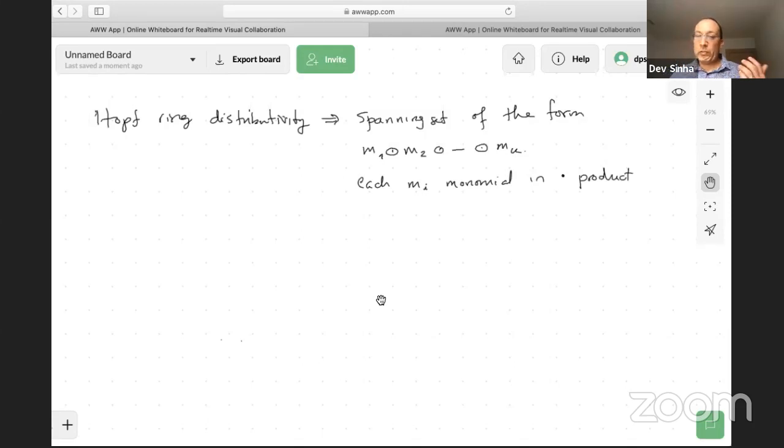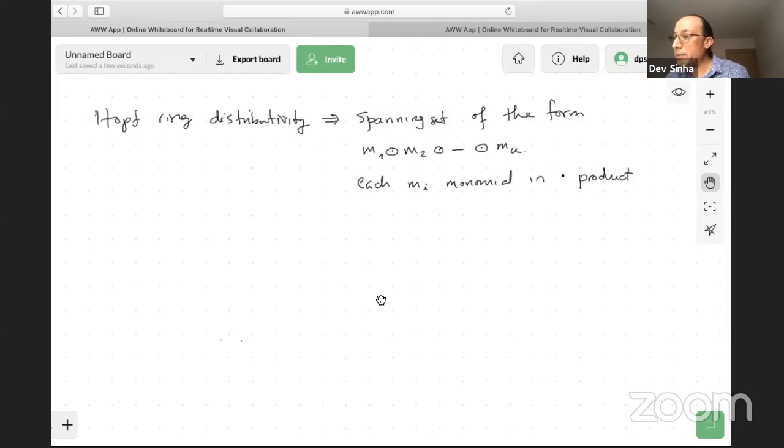Okay, and this is essentially the same as reducing in a regular ring. Every element is a sum of monomials. Here, every monomial is a sum of these special monomials. So it's no more nor less than applying distributivity again and again.